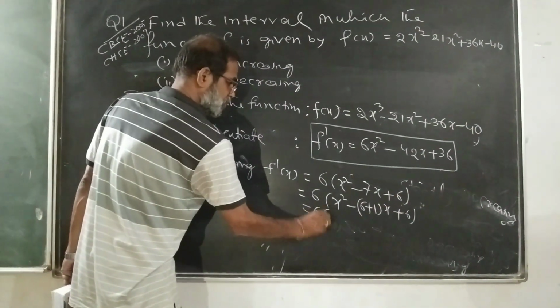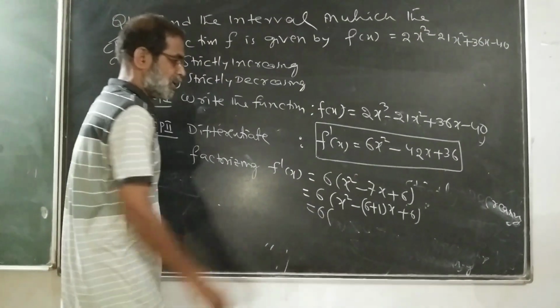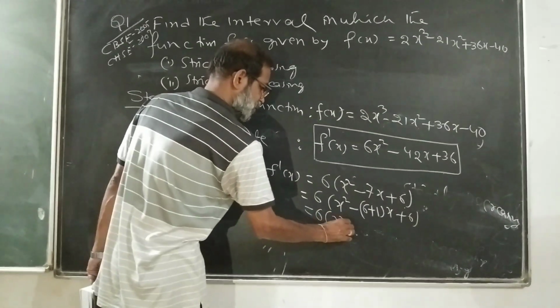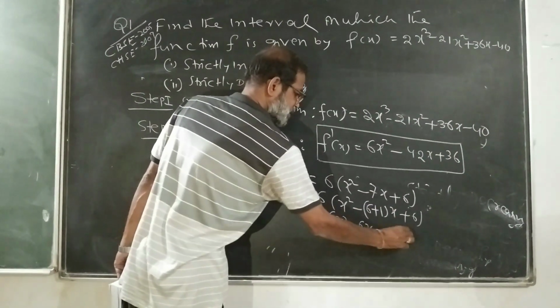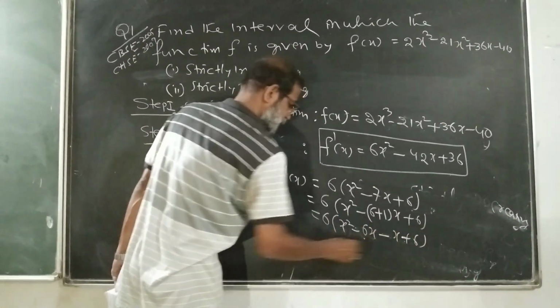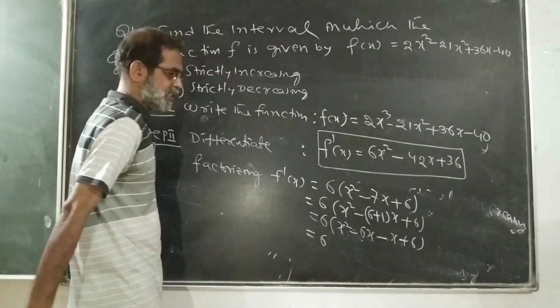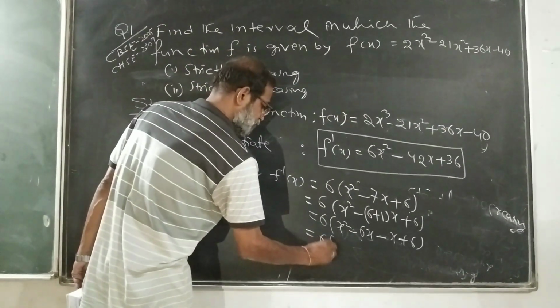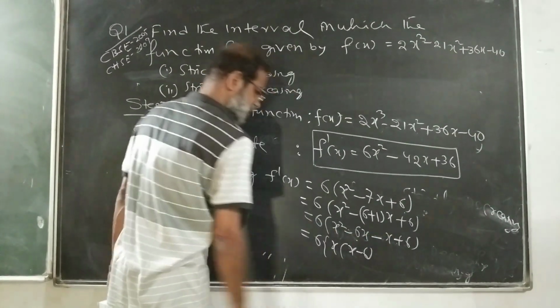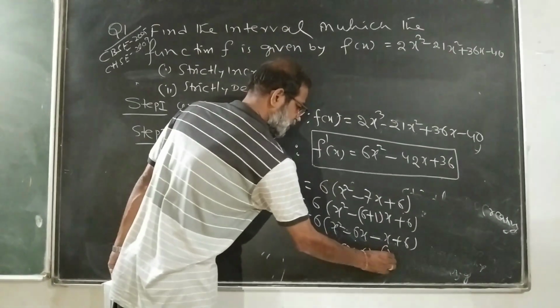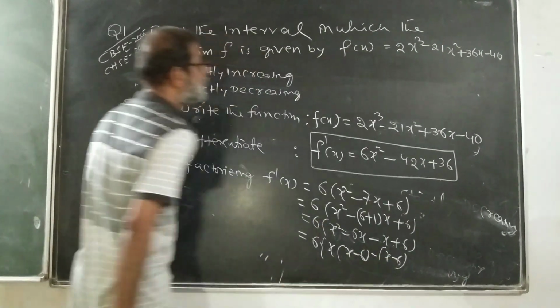Then 6 into x square minus 6x minus x plus 6. Now you can factorize it. x is common, x minus 6, here minus 1 is common, x minus 6.